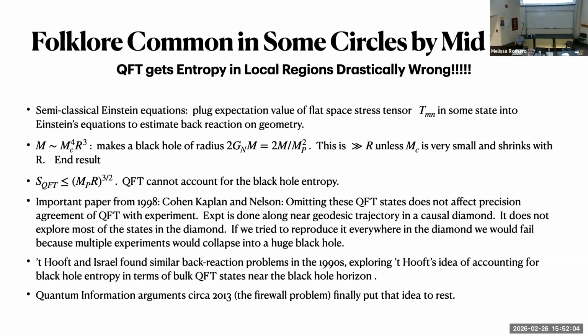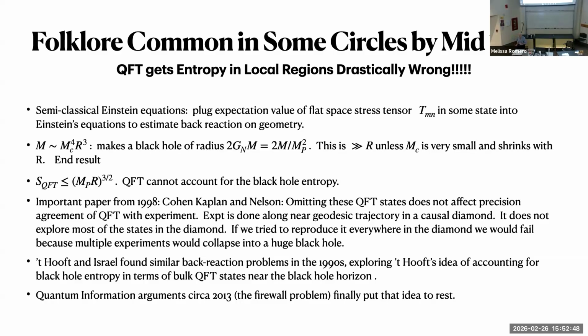What we usually assume is that quantum field theory is good throughout that causal diamond. But we're not actually testing quantum field theory throughout that causal diamond. And if we tried to do that, if we set up simultaneous experiments everywhere in that region and tried to fill the causal diamonds with experiments that tested g-2 everywhere, we wouldn't succeed because those experiments would be big, massive machines, and the mass of them would come together and collapse the region into a black hole.